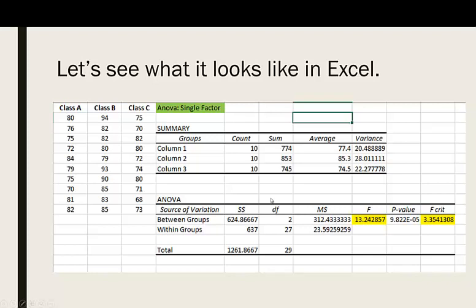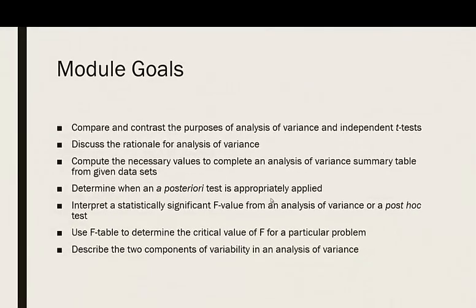So let's look at our goals real quick for our course. We've covered a lot of material. So our goals were: compare and contrast the purpose of analysis of variance. Discuss the rationale for the analysis of variance. Compute the necessary values to complete an analysis of variance summary table. Determine when an a posteriori test is appropriately applied.